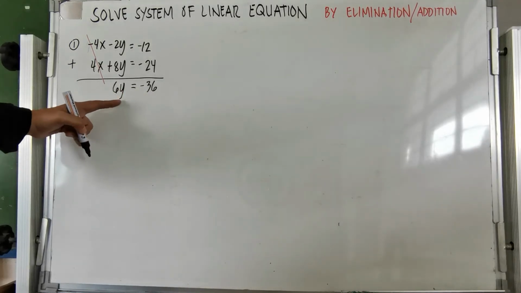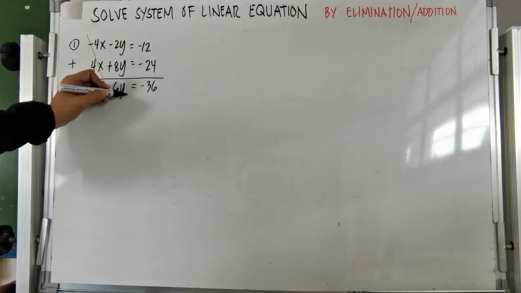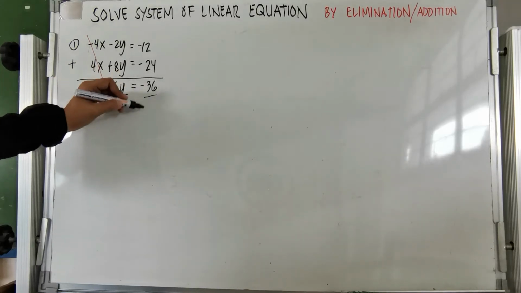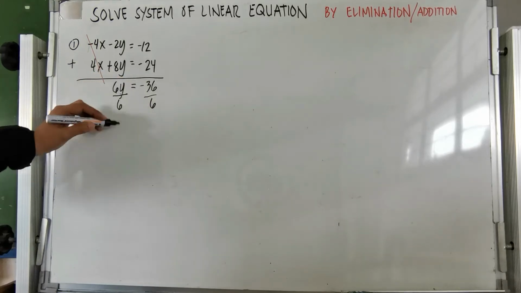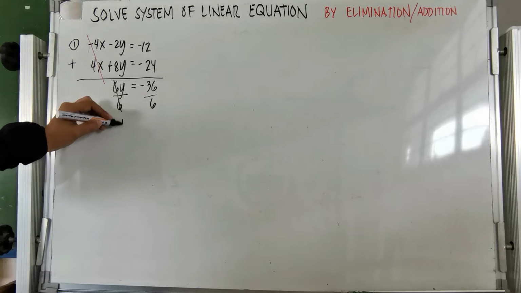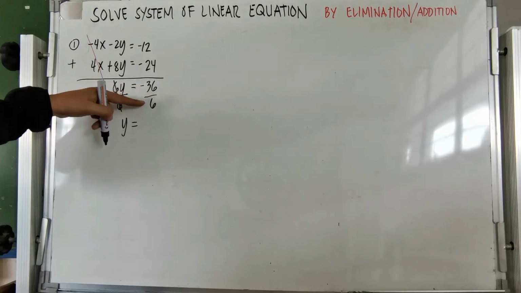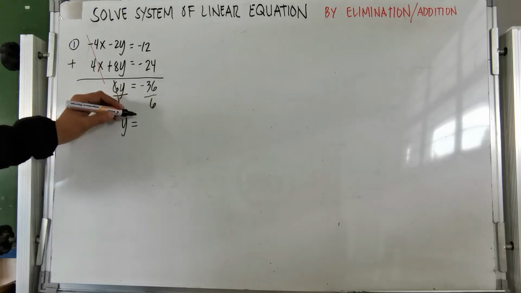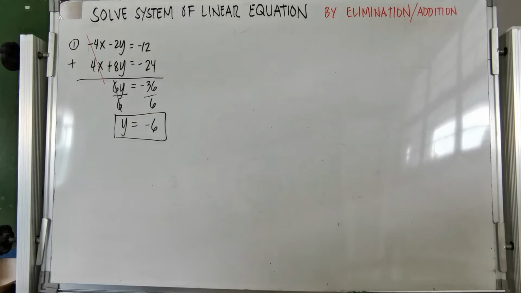To get the value of y, we have to divide both sides by 6 para matanggal siya dyan, and makuha lang natin yung eksaktong value ng y. So this will be y is equal to negative 36 divided by 6. We have negative 6.